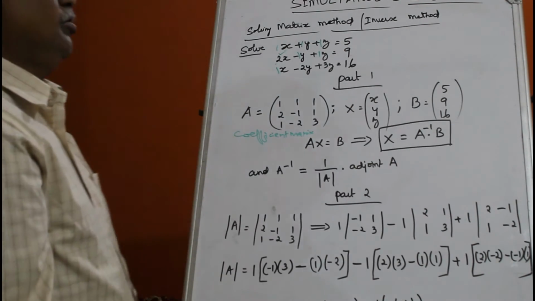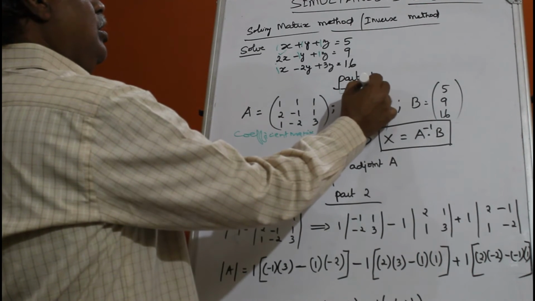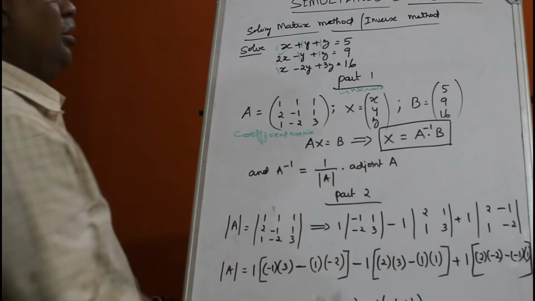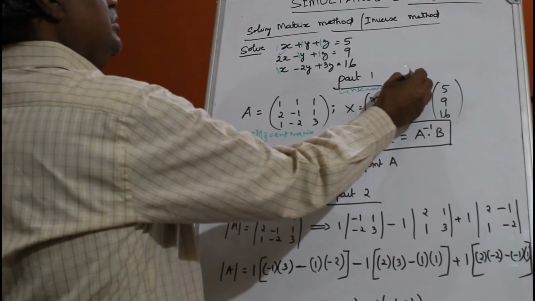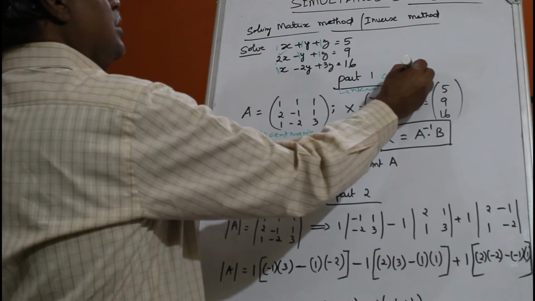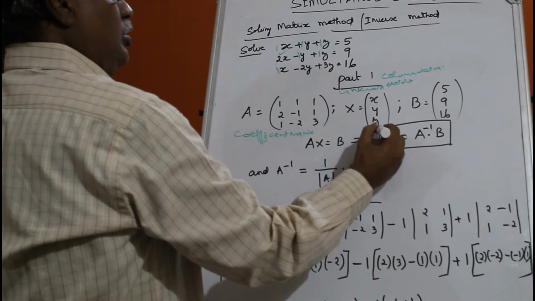So this is called what? It's only one column, unknown matrix. This is also called column matrix. There is only one column.